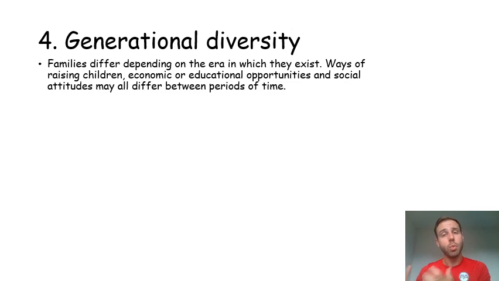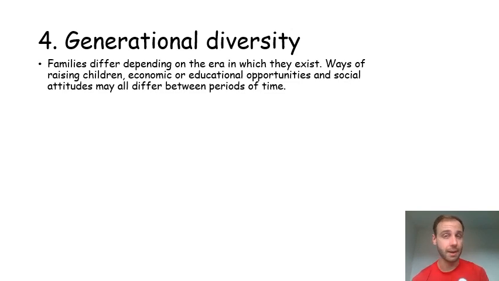And because the world that we've been brought up in is different to every generation, the way that we view the family is also different. Because the type of family we were brought up in changes from generation to generation. If you asked an older person, someone in their 70s, 80s, 90s, what they think the purpose of the family is, I would dare say it would be a different answer to what I would say.